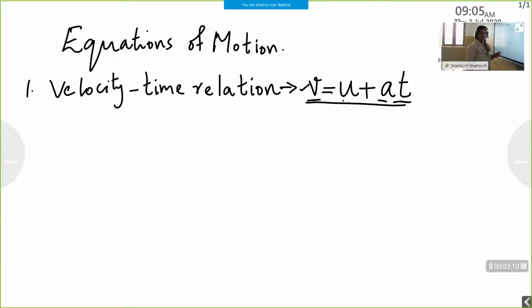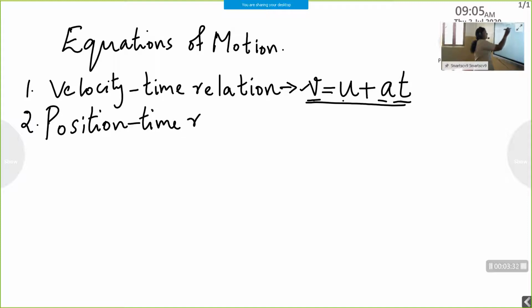So this is our first equation, and it is called the velocity time relation. Then the second one is position. You know that position can be expressed with distance or displacement.